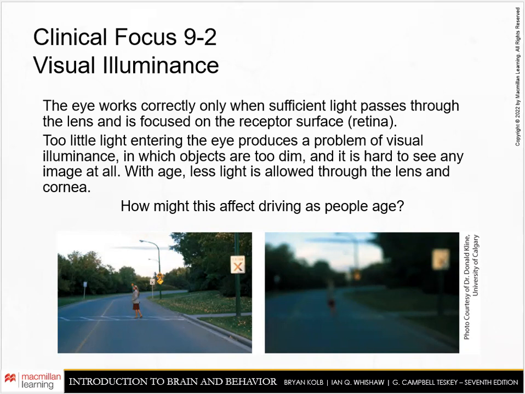There was a researcher, Don Kline, who estimated that between ages 20 and 40, people's ability to see in dim light drops by 50%, and over an additional 20 years by a further 50%. As a result, seeing in dim light becomes increasingly difficult, especially at night, and the only way to compensate for visual illuminance is to increase lighting.